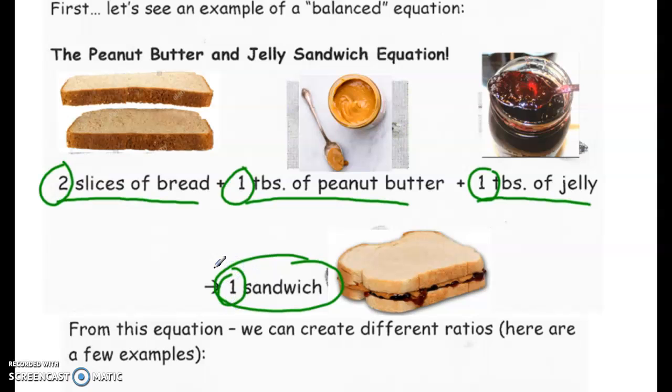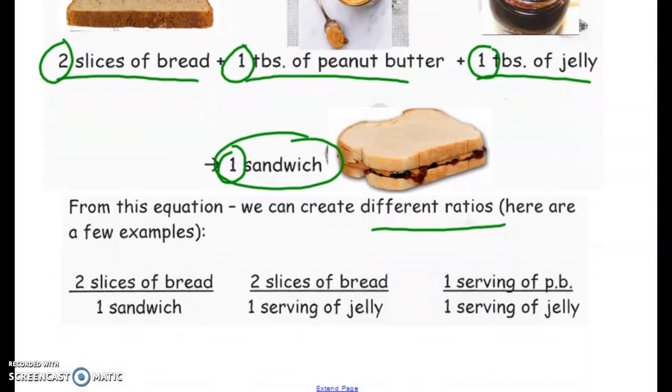Our coefficients can actually be used to create ratios. So for example, for every 2 slices of bread, I can make 1 sandwich. For every 1 tablespoon of peanut butter, I need to match it with 1 tablespoon of jelly. So from an equation, you can create different ratios. These are just some examples.